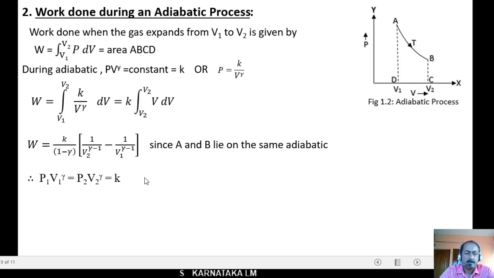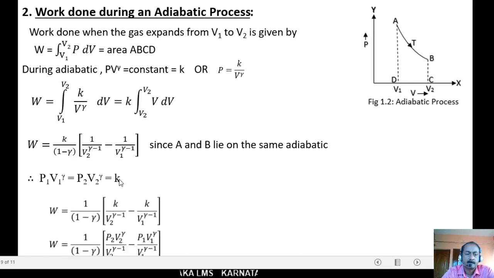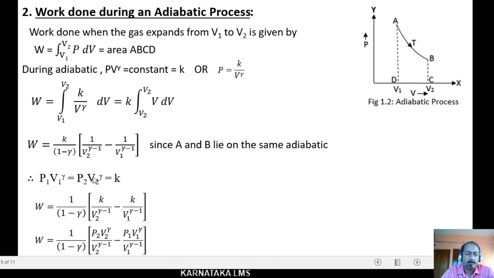And further, we know that the adiabatic equation connecting the different volumes and pressures is P1 V1 to the power gamma equals P2 V2 to the power gamma equals K, constant. On substituting this in the above equation, we get the formula like this.